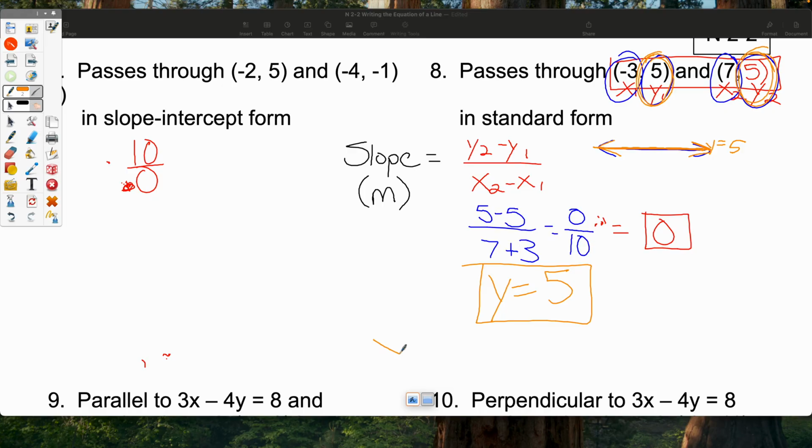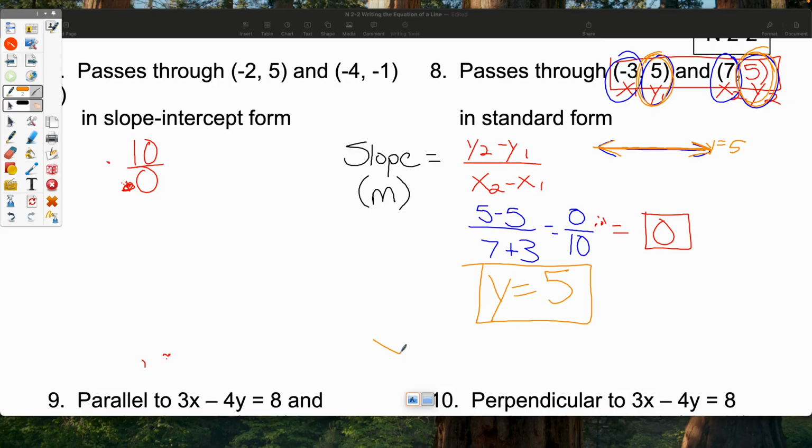But it's just y equals 5. It doesn't go up or down more than y equals 5. So like on number 5 that we did where it's vertical, it's going up and down. It's all of the y values, but it's only the x value that you have. This one's the same way, just with the y. Up and down, x equals; horizontal, y equals.